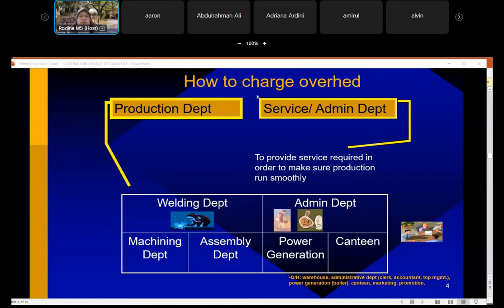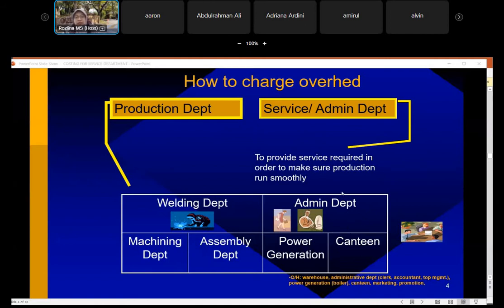Okay, how to charge the overhead? Let's say in a company you have the production department, such as welding, machining, assembly. And also you have the service or administrative department. Okay, administrative department in the office. In the office you have the cleaner, the engineers, top management, accountant, HR.